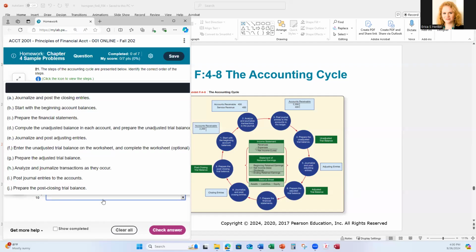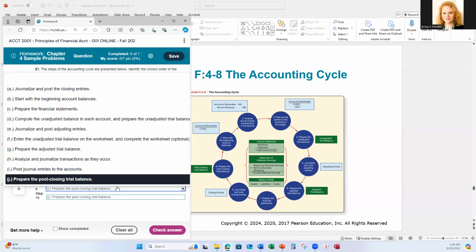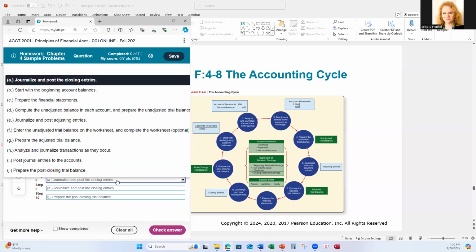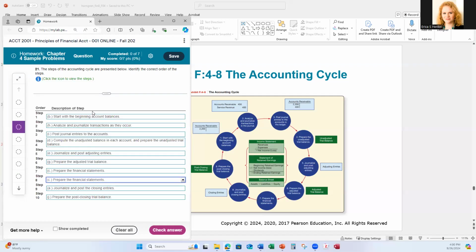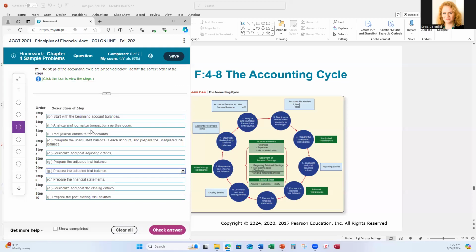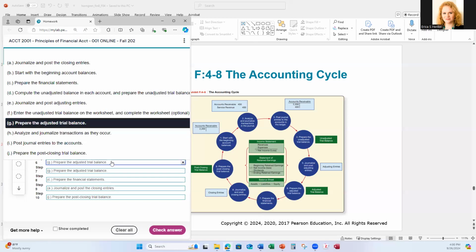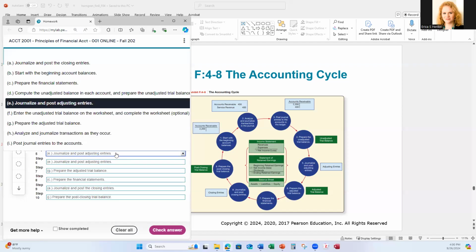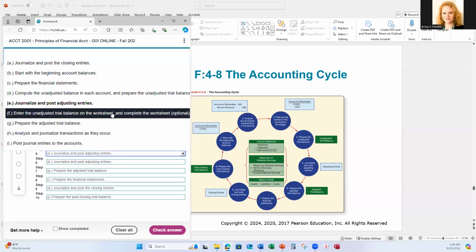So I'm just going to shift these down, preparing that post-closing trial balance, journalize and post the closing entries, prepare the financial statements, prepare the adjusted trial balance, and journalize and post adjusting entries. So the optional step here is enter the unadjusted trial balance on the worksheet and complete the worksheet.